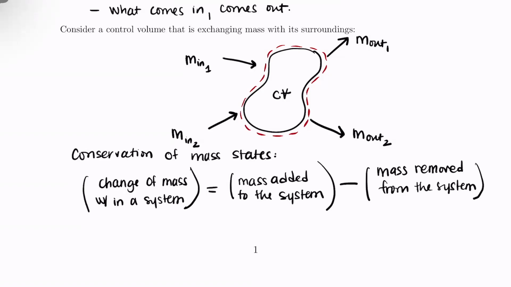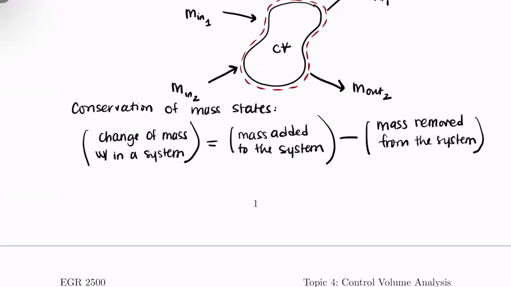Okay. So this essentially looks like the change in mass, delta M, is the sum of the input mass minus the sum of the output mass. Okay.